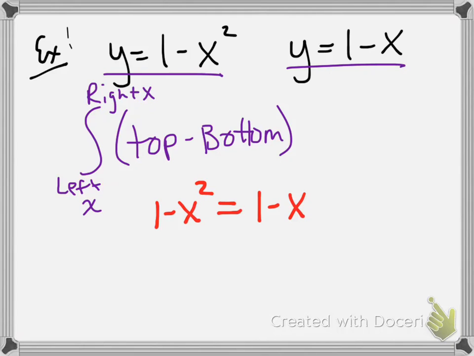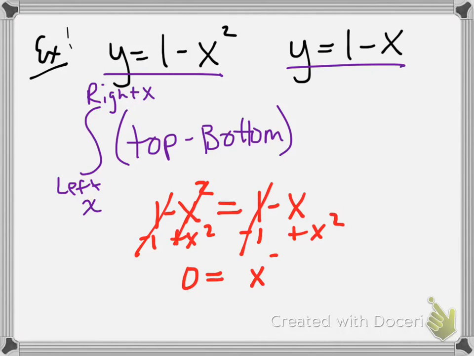So what I'm going to do is just subtract 1 from both sides and add x squared to both sides. So I'm going to have 0 equals 0 minus x plus x squared, so I'm just going to write it as x squared minus x.